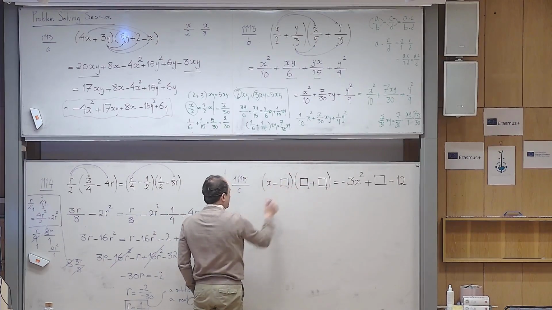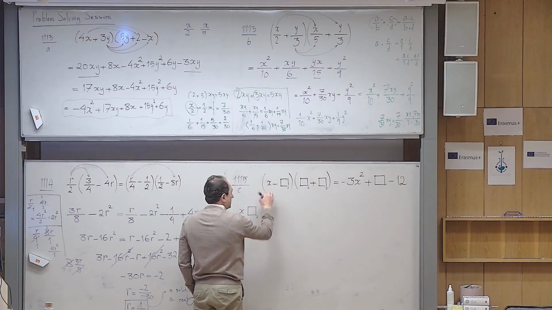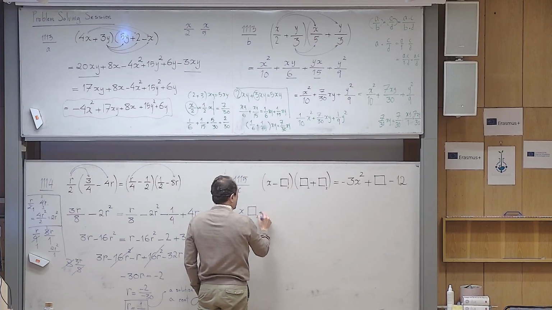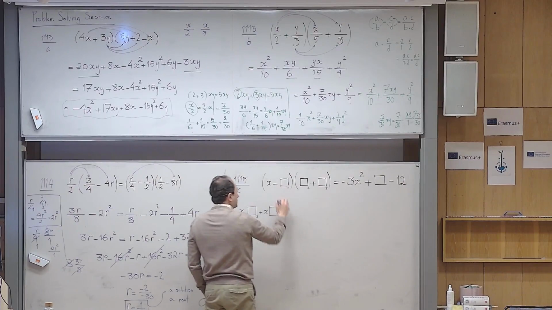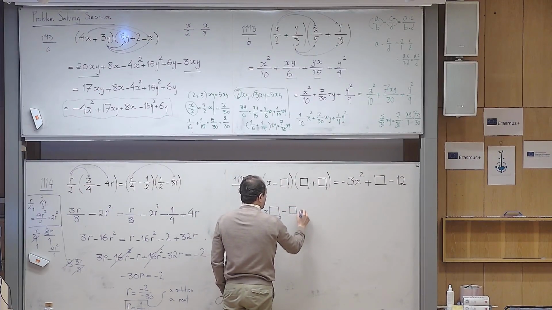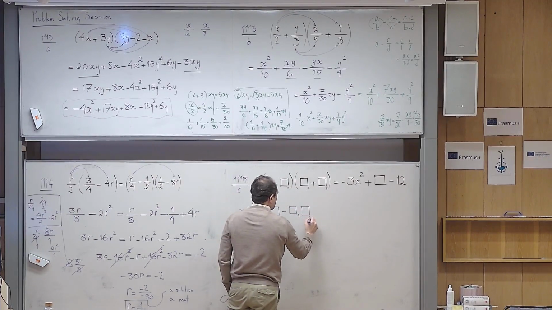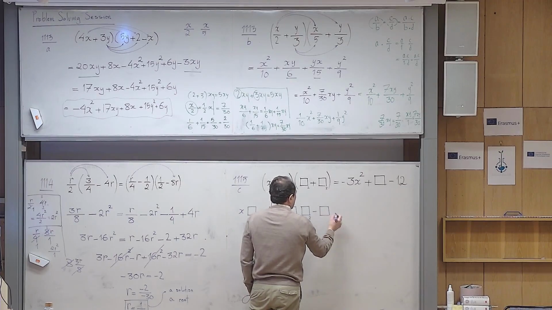This x will be multiplied by box number 2, and this x will be multiplied by box number 3, and then this box minus box number 1 will be multiplied by box number 2. So it's nothing actually helping us. We have to solve it like a puzzle.